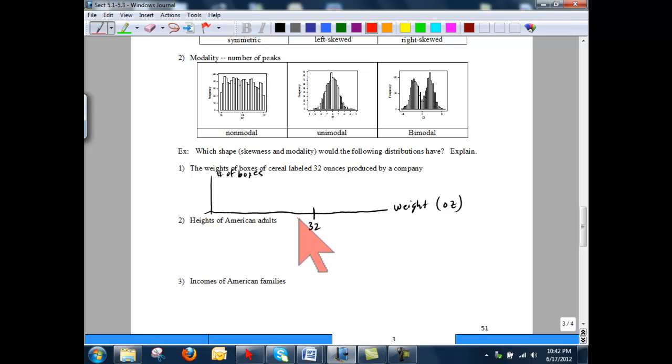Well, first of all, do you think off of this production line you're going to get a box of cereal that weighs 20 ounces? Probably not. The cereal company is in business to do what they say. And similarly, you're not going to get a box of cereal that weighs 50 ounces.